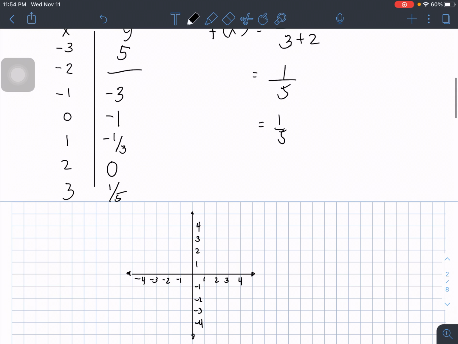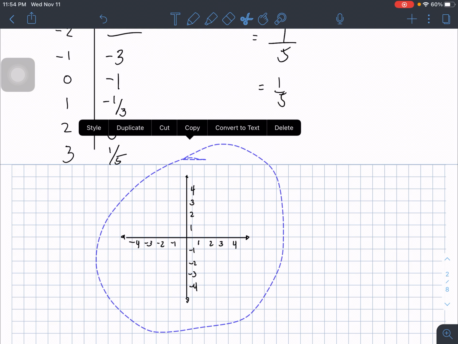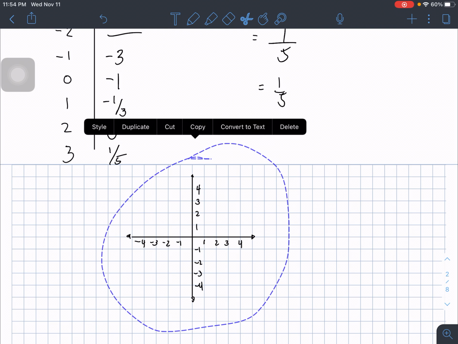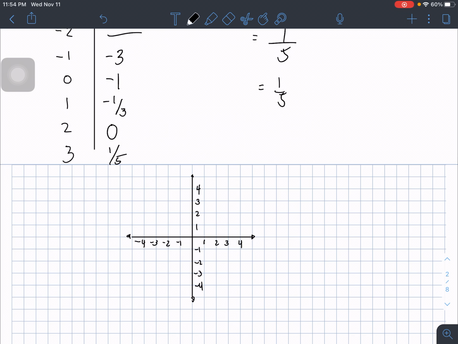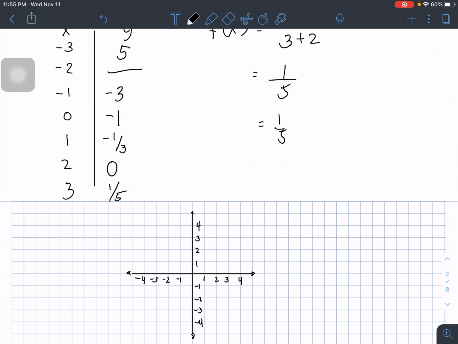Let's try to plot the points. So if x is equal to -3, this will be equal to 5. So this will be its position. Okay, so we don't have values for negative 2. However, if x is equal to negative 1, we will be having negative 3.